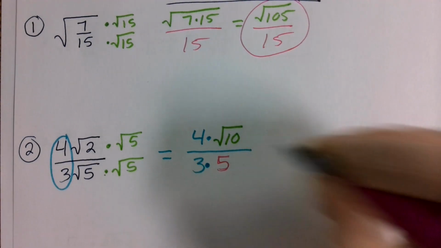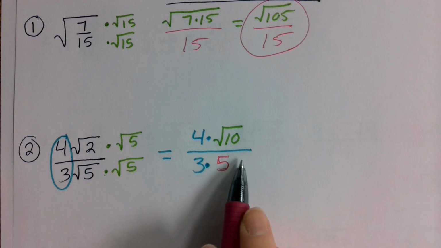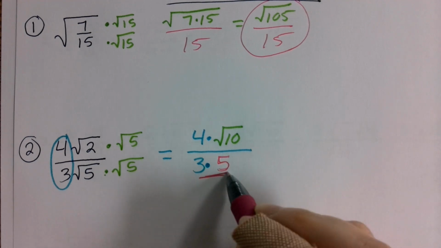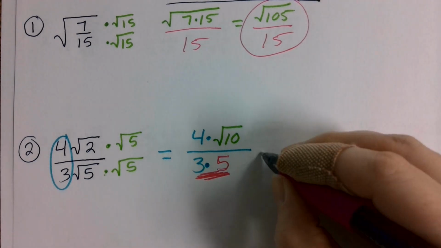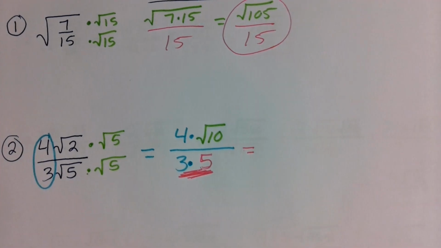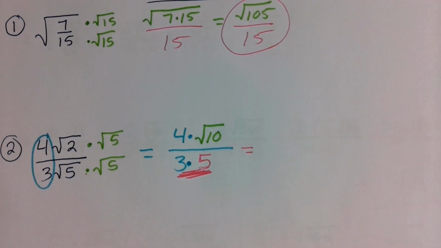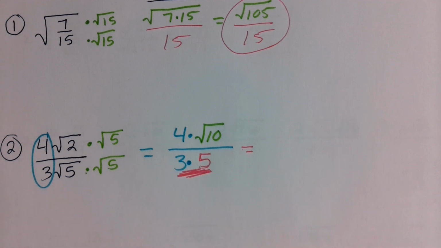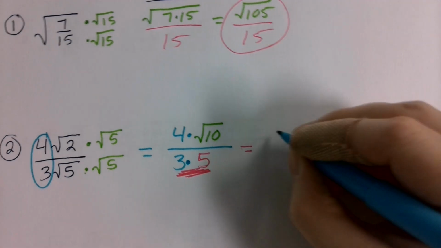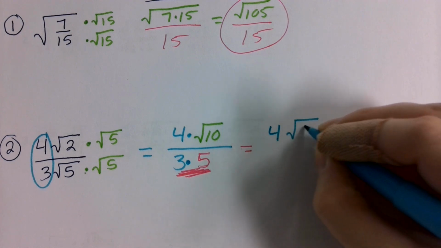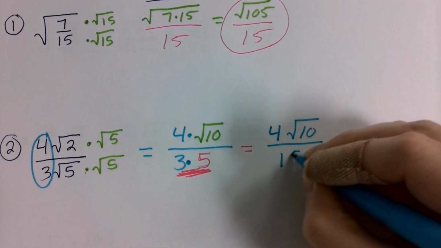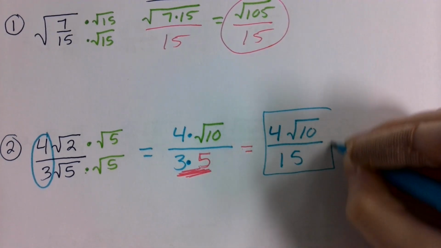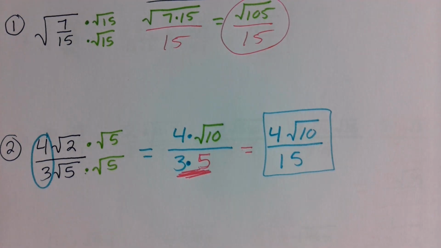So I can now multiply 3 and 5 together, because they are not inside of a radical. I cannot simplify square root of 10 because it is as simplified as it's going to get. So this is going to be 4 square root of 10 over 15, and that's it. I'm done. That's as finalized as it's going to get.